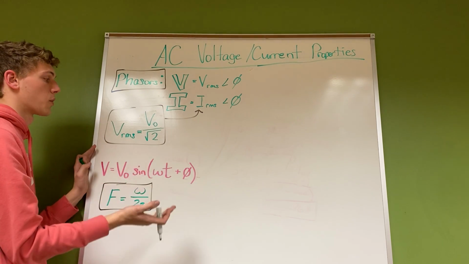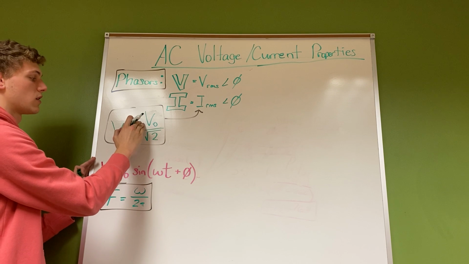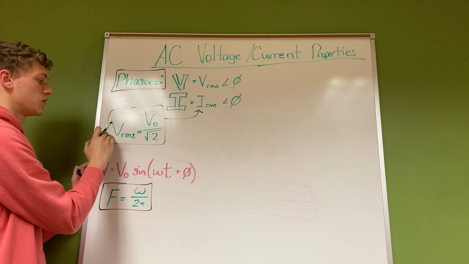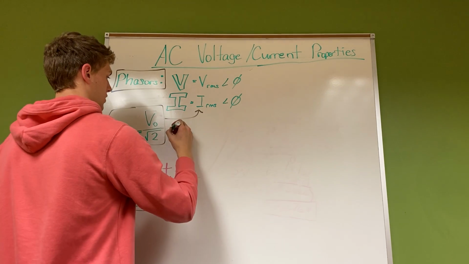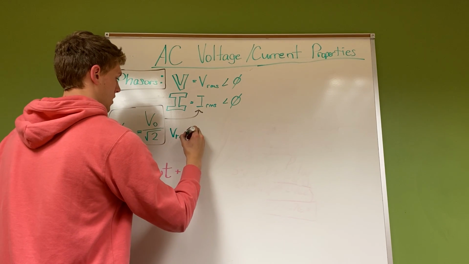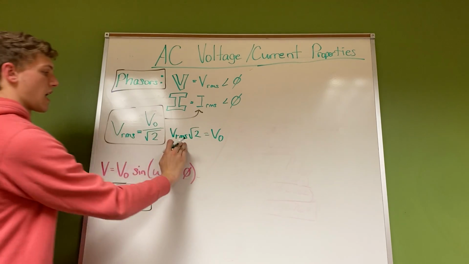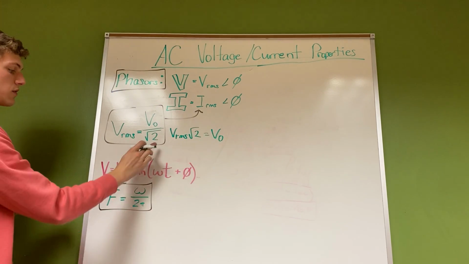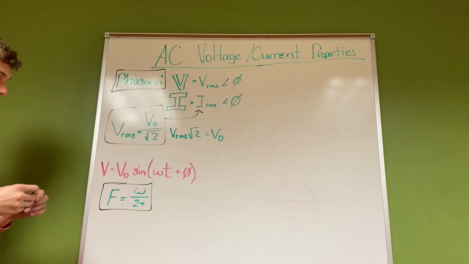You can also go the other way around if you switch these around. If you have Vrms, you can do Vrms times the square root of 2 equals V0. I'll write that real quick. That would be if you have Vrms and you want to go the other way.